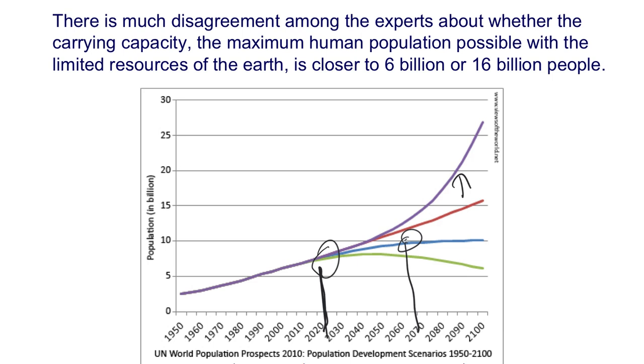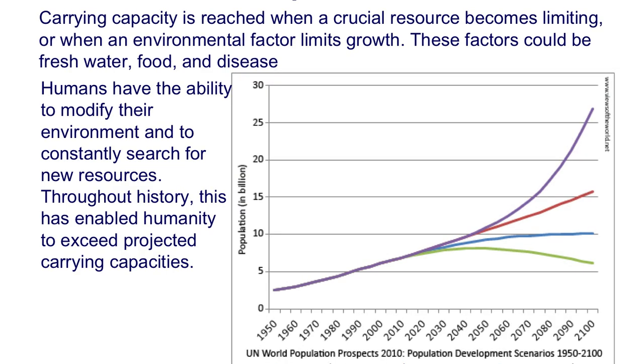Or I just want my nice little paradise and get those other wild things out. And it's that kind of attitude that's going to destroy the biosphere. Okay, so here they talk about how our brain and our technology can extend the carrying capacity, but there's a limit to that.